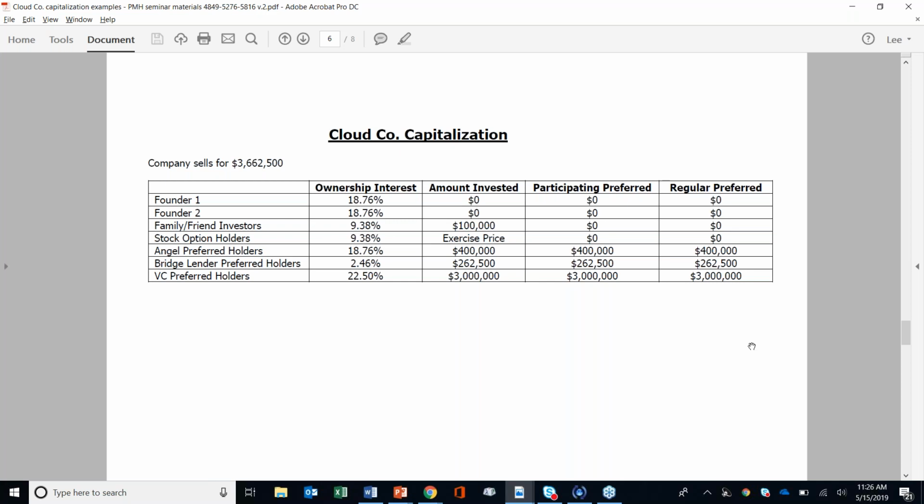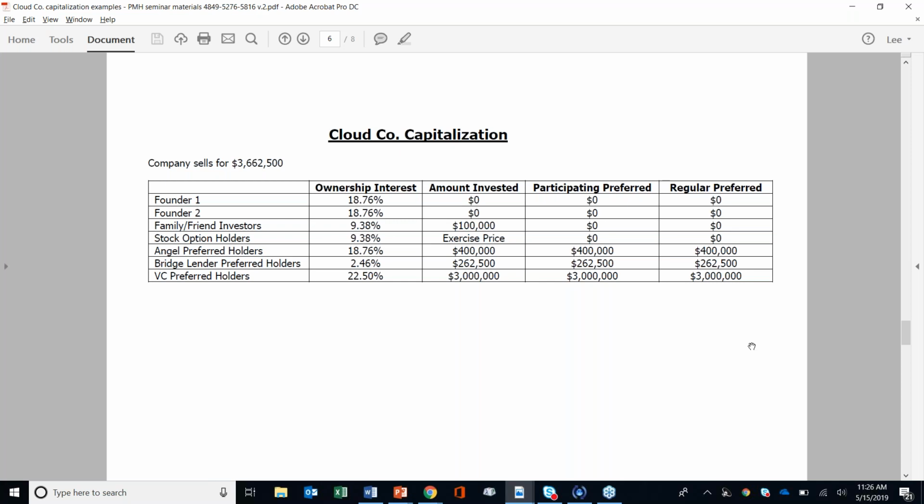So we're mostly focused today in this presentation on some of the key economic terms, in an up-round situation of the value of the company increasing. So that just gives a little bit more background about some of the other things that you're dealing with when you're raising preferred equity from sophisticated people. So with that, we will turn to some examples.